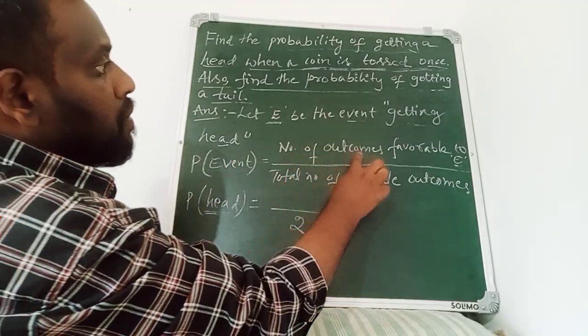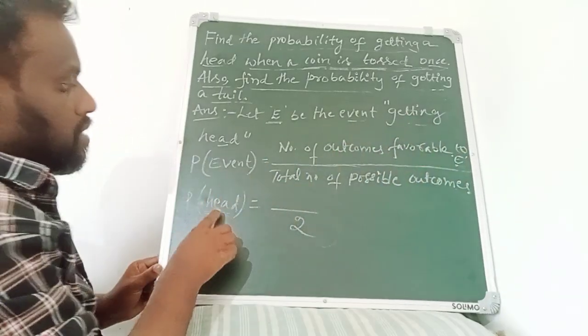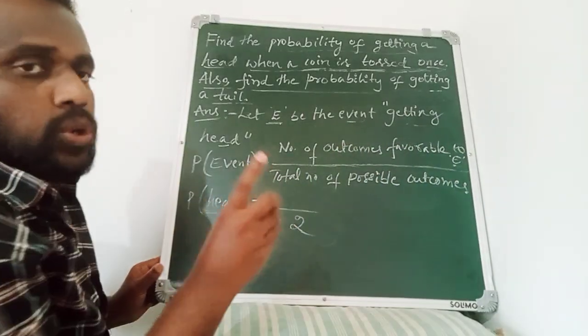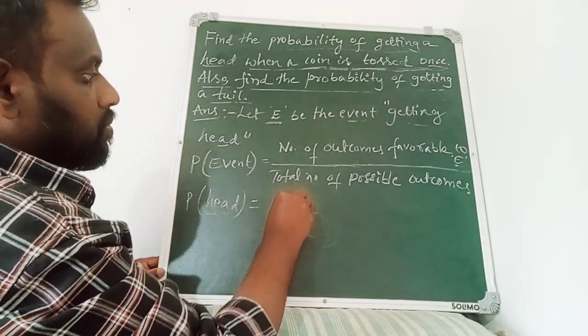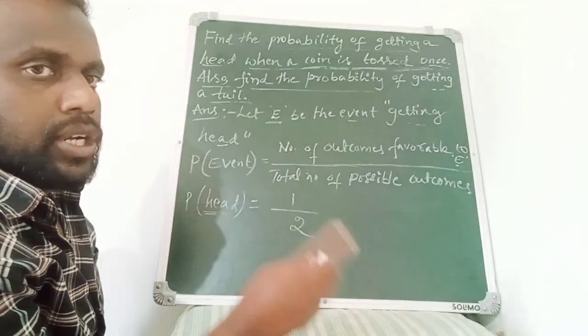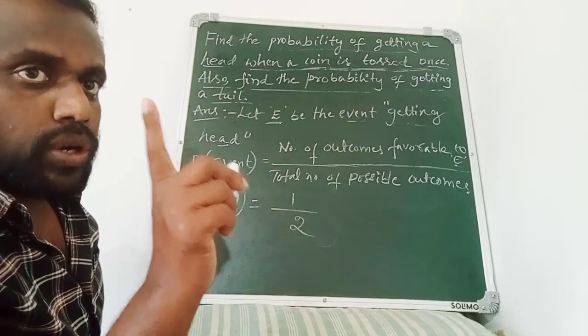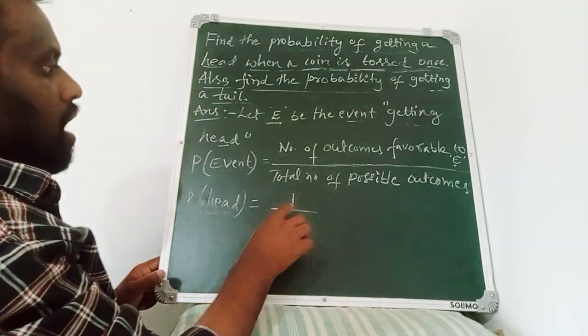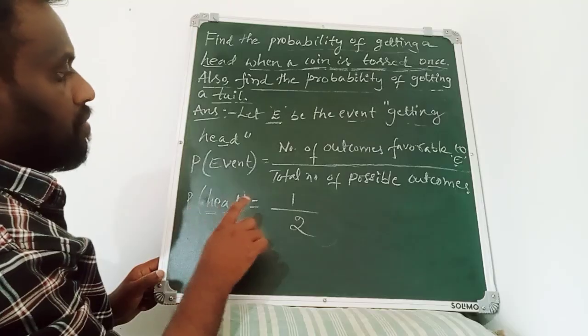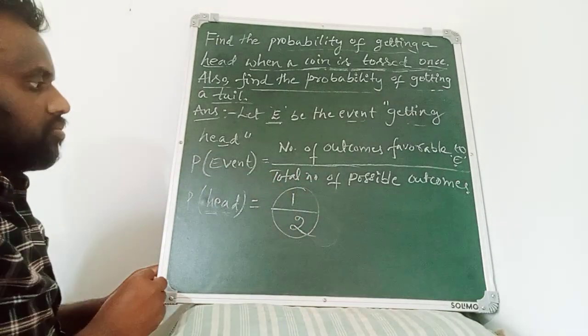So the number of outcomes favorable to E, here getting head, is 1. I will repeat once again: when a coin is tossed only once, we can get head only once. So the probability of getting head is 1/2.